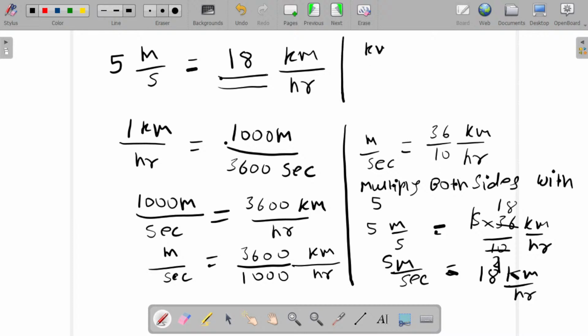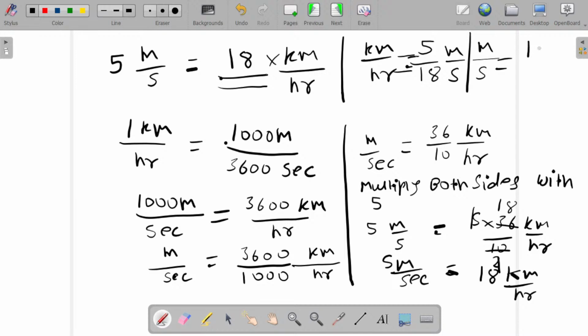Okay, 1 kilometer per hour is equal to 5 by 18 meter per second, since 18 by 5 was in the numerator here, it goes to the denominator. In second form, 1 meter per second is equal to 18 by 5 kilometer per hour.